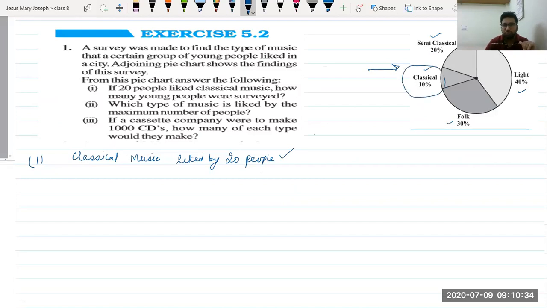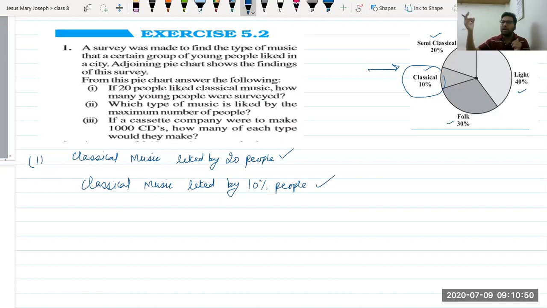So there are two pieces of information for classical. Classical music is liked by 10% people. So we have the same information in two ways. Classical music is liked by 20 people, also by 10%. So that means this 10% and 20 people are the same thing.